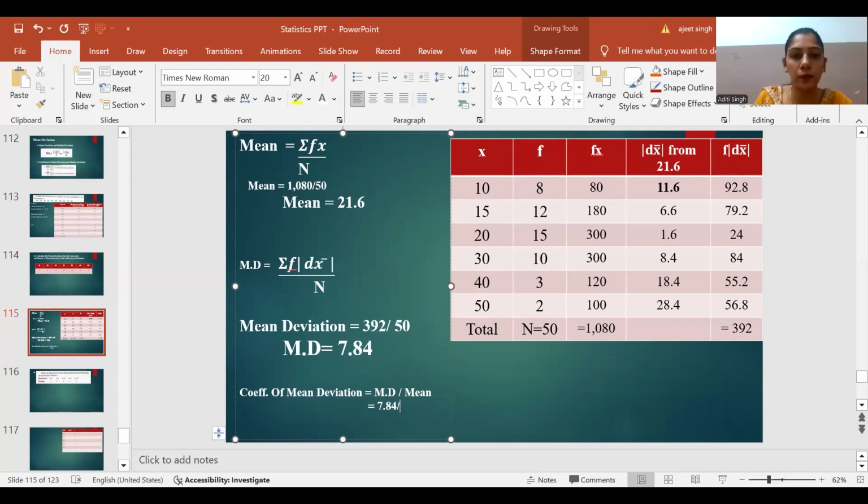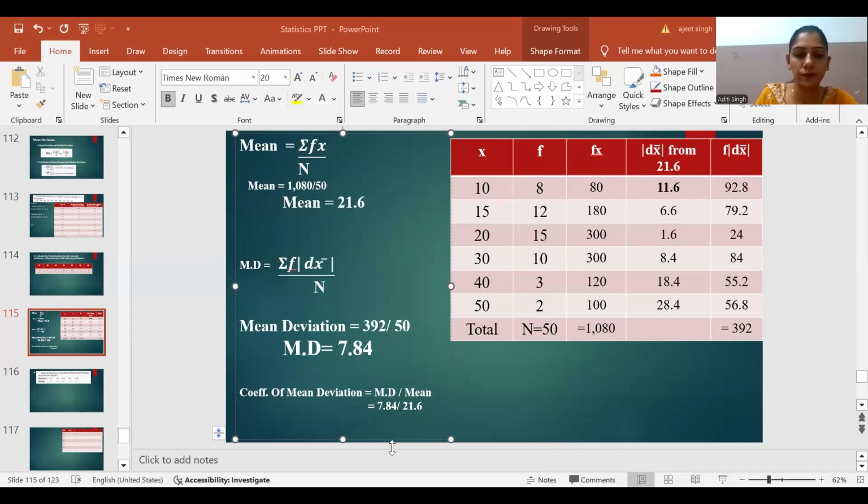7.84 divided by 21.6. So what will be the answer of coefficient of mean deviation? Let's do the calculation first. 7.84 divided by 21.6 is equal to 0.36.